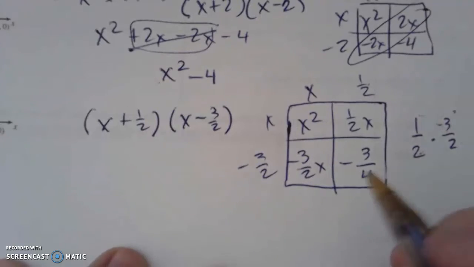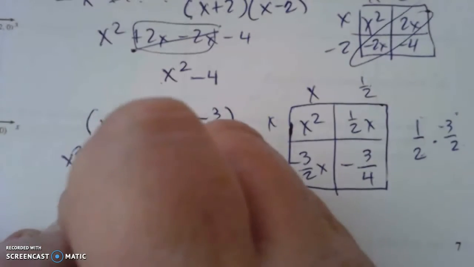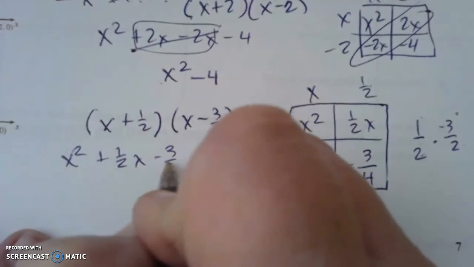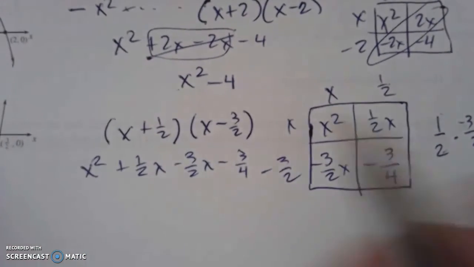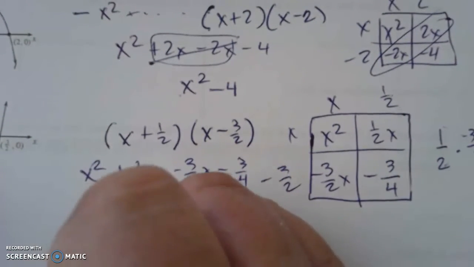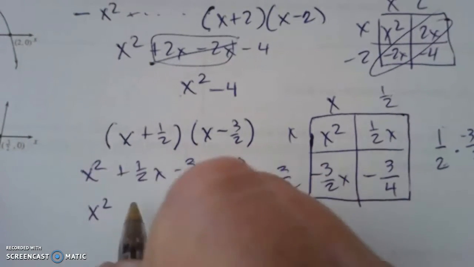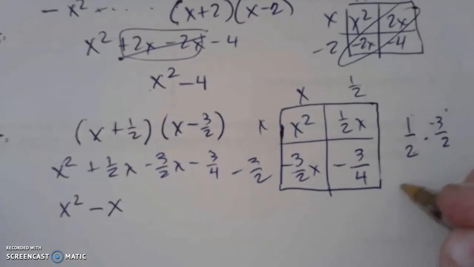Okay, so let's see. We're going to get x squared plus 1/2 x minus 3/2 x minus 3/4. Let's combine like terms. So we're going to get x squared. What's negative 3 plus 1? Negative 2. Let me write that over here.